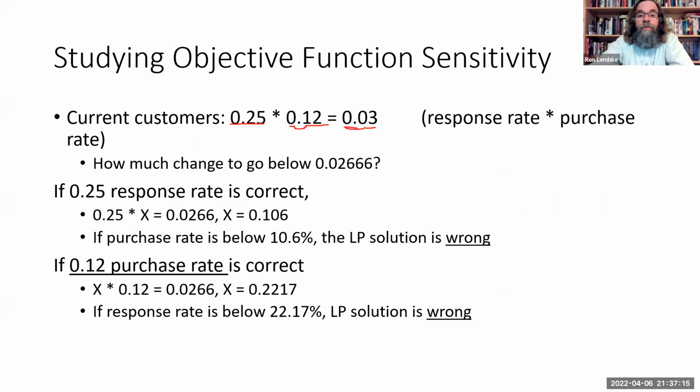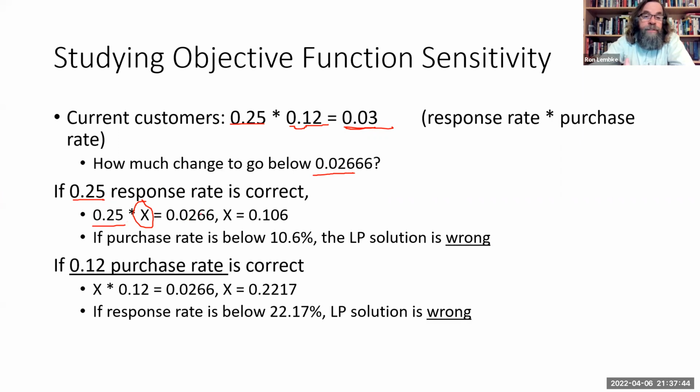Before this 0.03 would go down to 0.027. So if we assume the 0.25 is right, so 0.25 times some new purchase rate, not 12%, but something else, call that X. So 0.25 times X is going to give us a total response rate of 0.027.